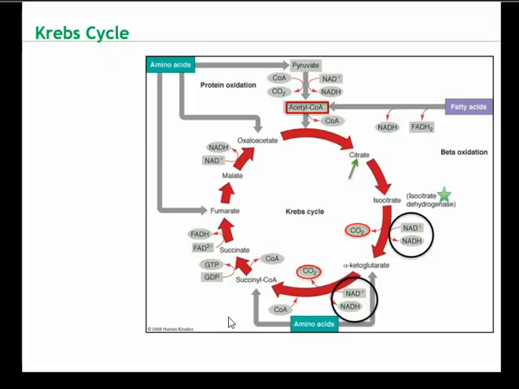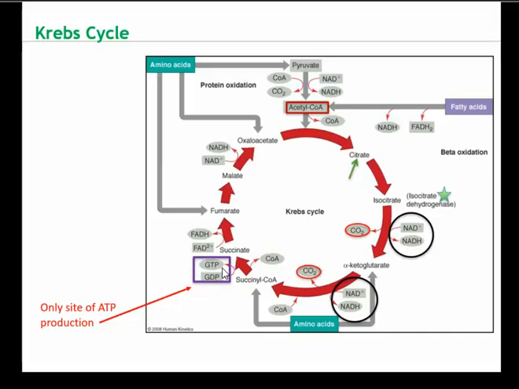This is a phosphorylation process, which means the addition of a phosphate. So we see here GDP. Let me tell you what GDP is. That's guanosine diphosphate, but we add a phosphate group to make GTP. Now we have guanosine triphosphate.